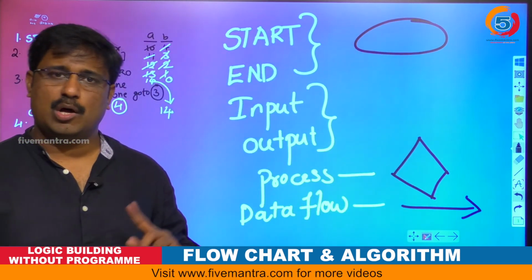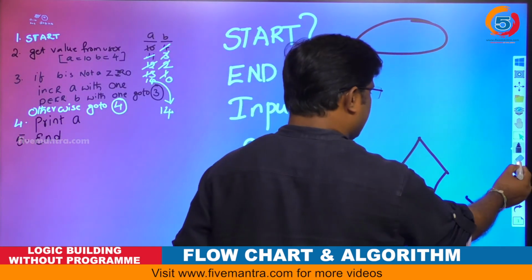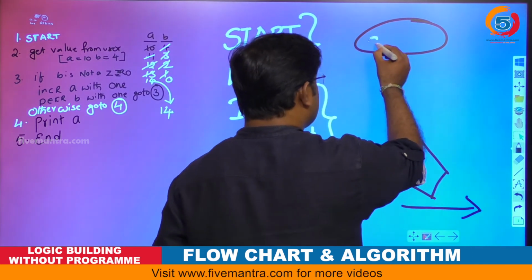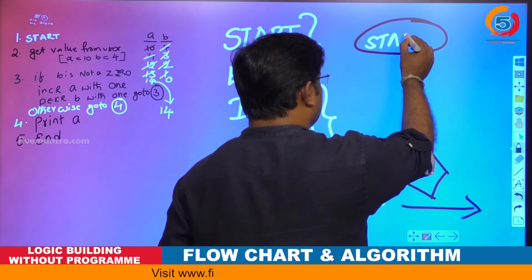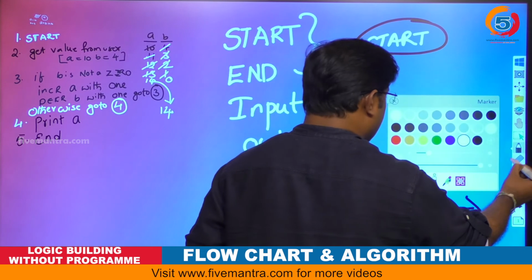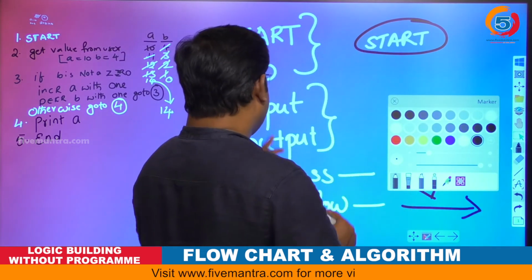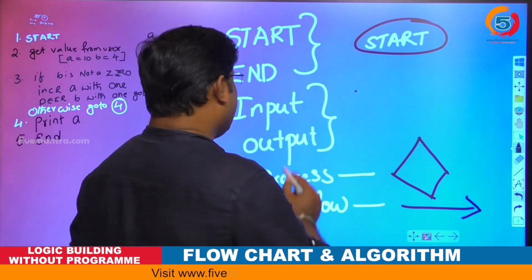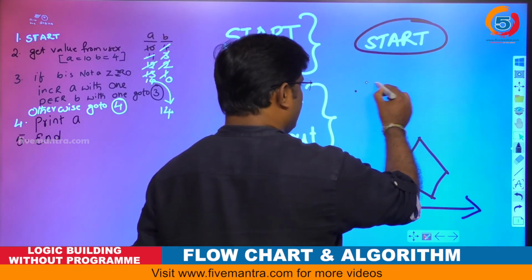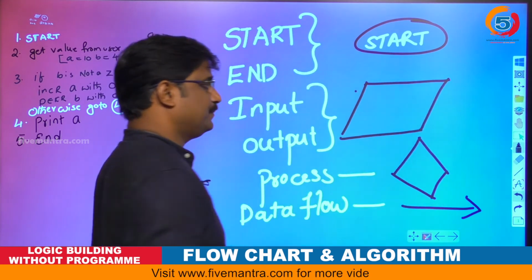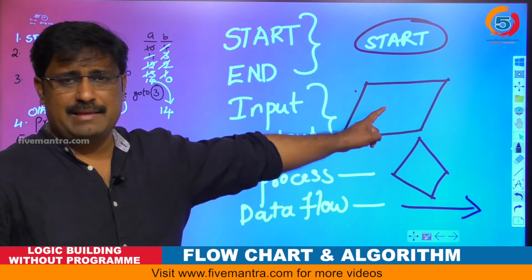For start or end, you just write start or end, whatever you want. Start and end use the same symbol, so there is no confusion. Next is input. Whenever you want to give the input, this is the way you will define it. It will be explained.